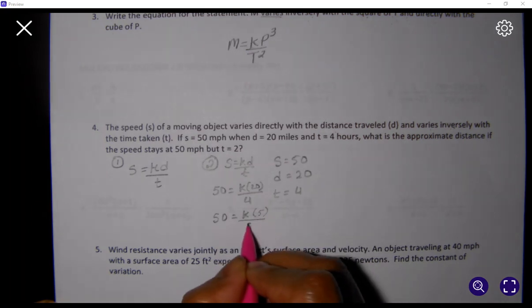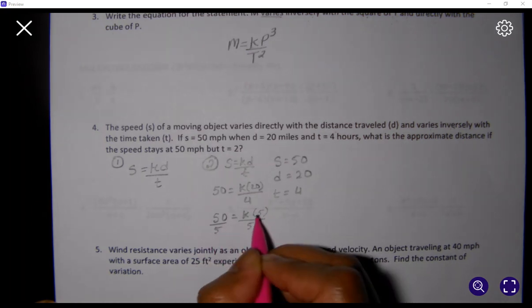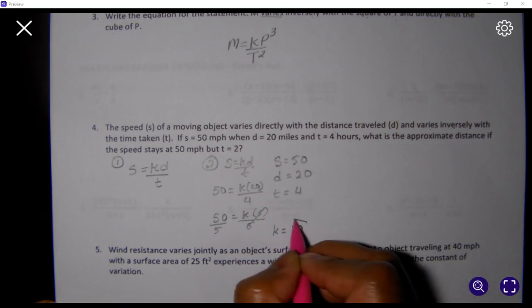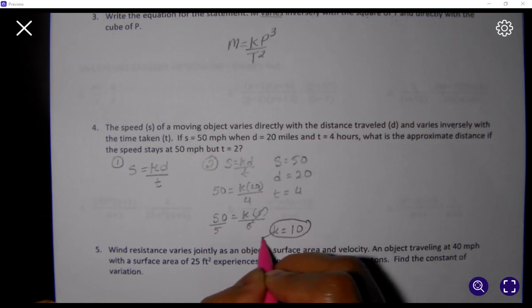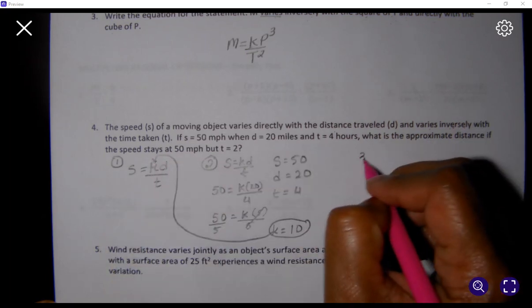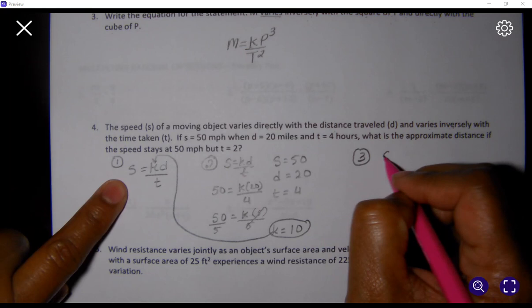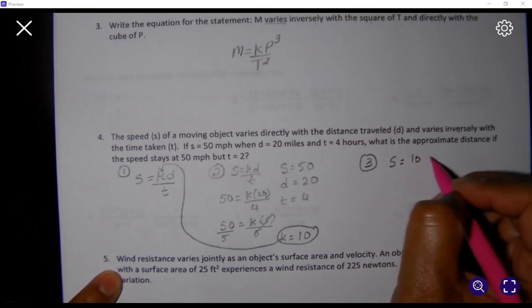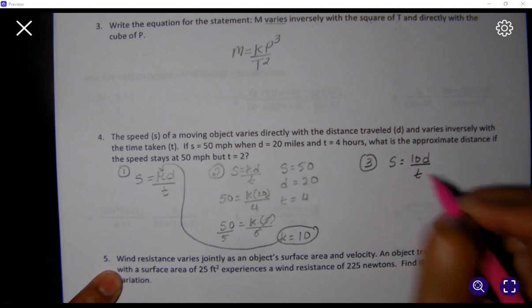And then I'm going to divide by 5 on both sides. So you have k equals 10. And as soon as you find k, you're going to plug it back in here. So that's my third step. So it says s equals, now k is equal to 10 times d over t.